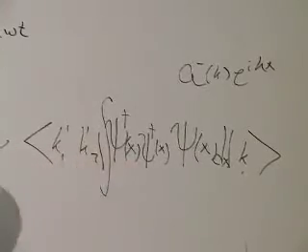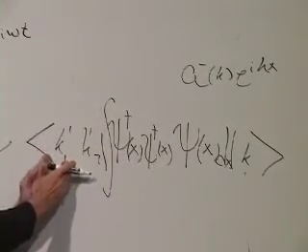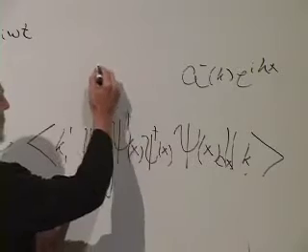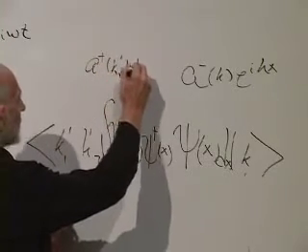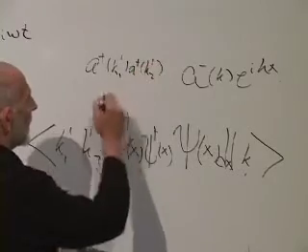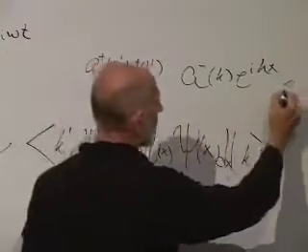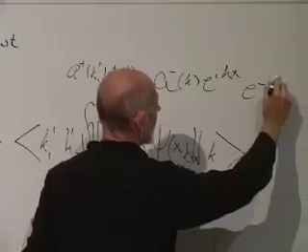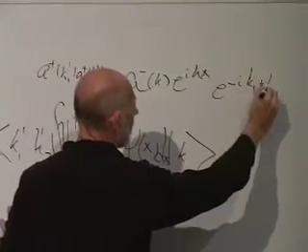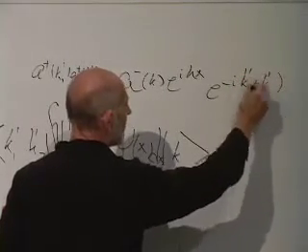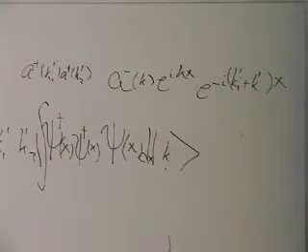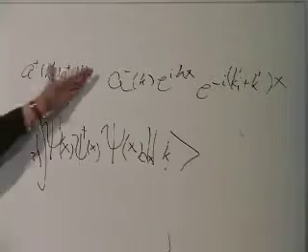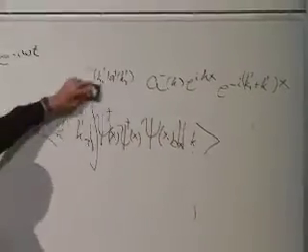And then there are these two operators which put back the particles over here, and they give us some a plus of k1 prime, a plus of k2 prime, and then there's an e to the minus i (k1 prime plus k2 prime) x, same x. These operators act, they annihilate the particles, we calculate the matrix element, that's all trivial.